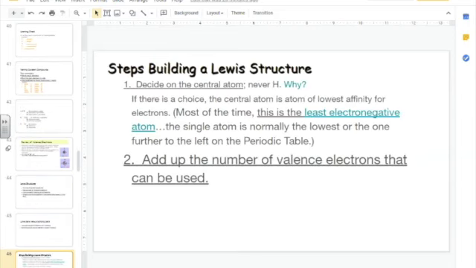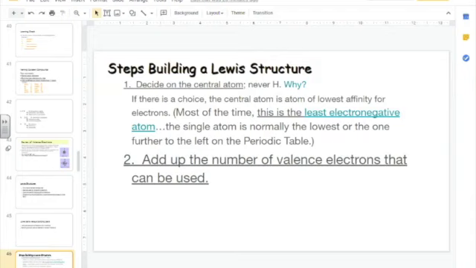So, steps in building a Lewis structure. I'm going to go over the steps, and I'll let you all make sure you type out the different steps, and then I'm going to do some examples on the board to show you how you draw the covalent bonds. Step 1, you decide on the central atom.